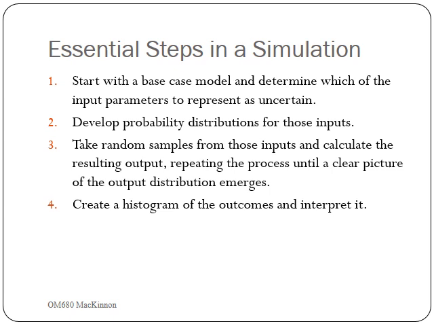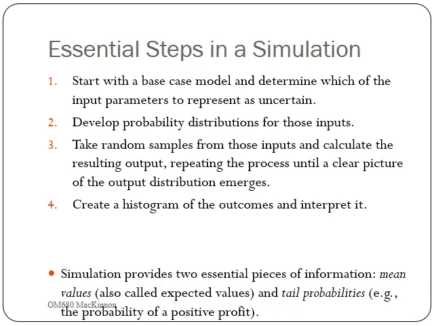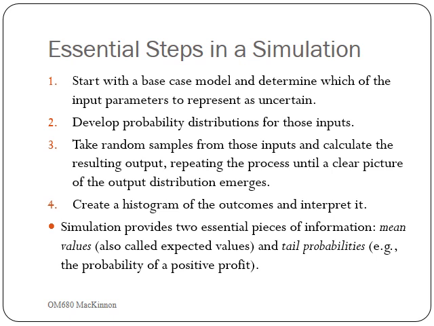We're going to see a probability distribution of the outcome, and most of the time we're looking for the mean or the average of those outcomes. The Monte Carlo simulator will give us mean values, also called expected values, and also, if we want it, something called tail probabilities. For example, we'll see in one of our upcoming examples the probability of a positive profit.